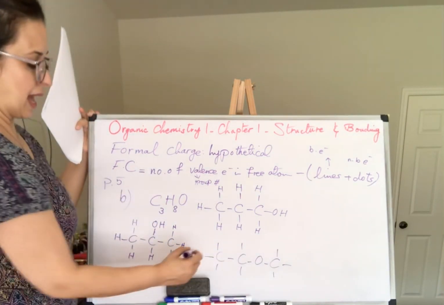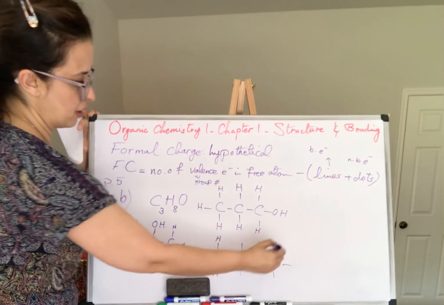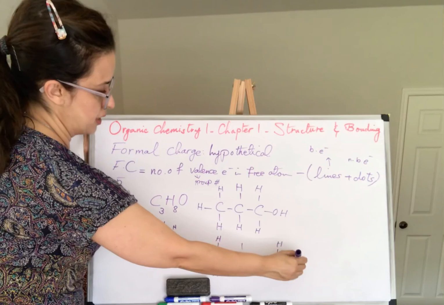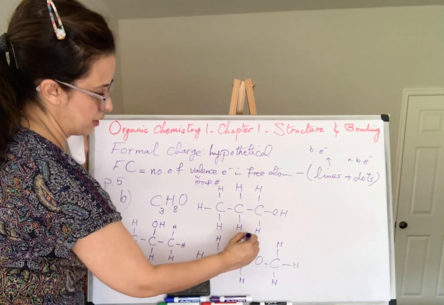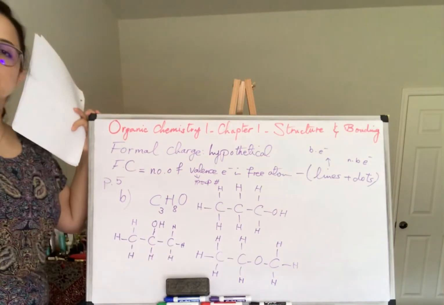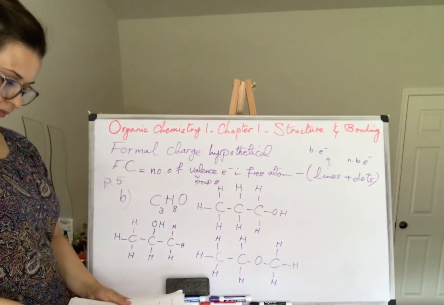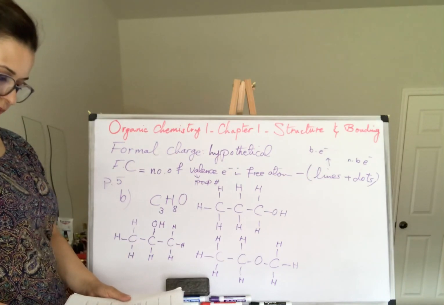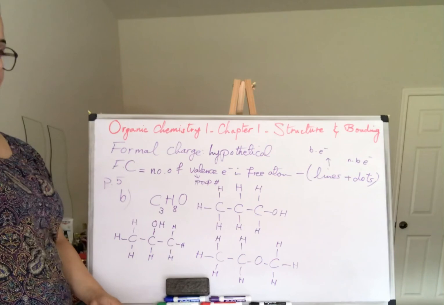And do I have 8 hydrogens? Yes. 3 here, 3 here, and 2 here. So these are the 3 possible isomers for this compound. Don't forget to practice on the rest, on A and C.